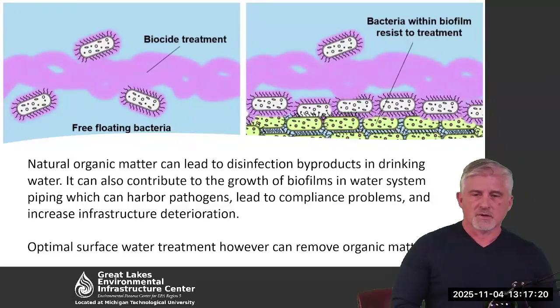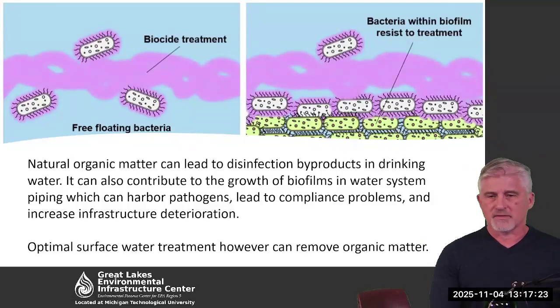So this natural organic matter that comes off the ground and gets potentially into our surface water source can lead to disinfection byproducts, but it can also contribute to the growth of biofilms out in the distribution system, in our pipes and our plumbing, and those biofilms have the ability to harbor harmful bacteria.